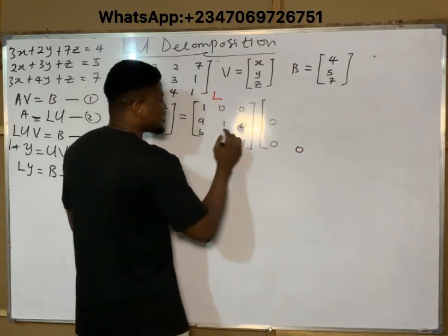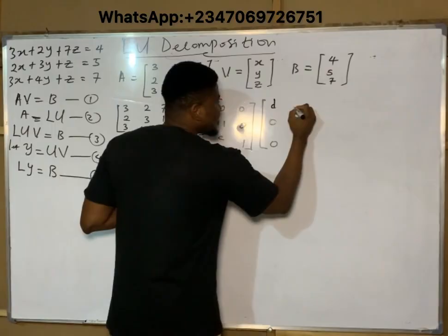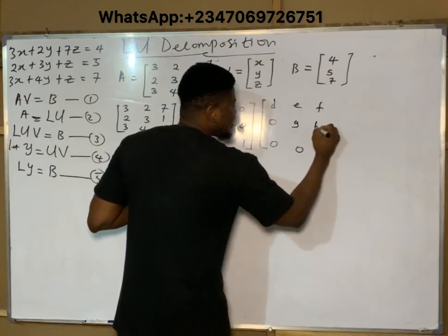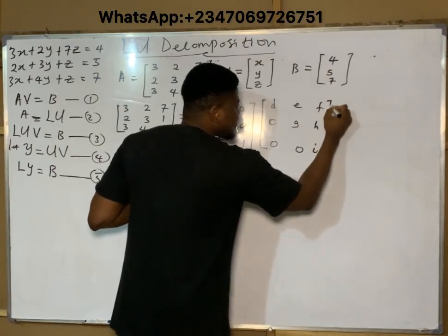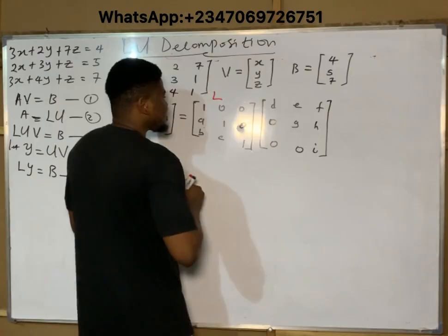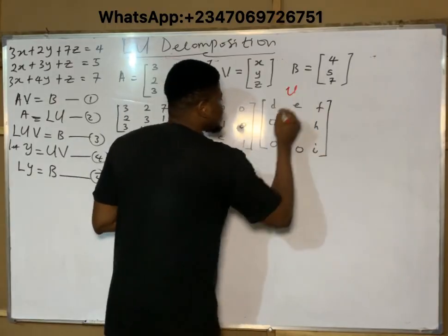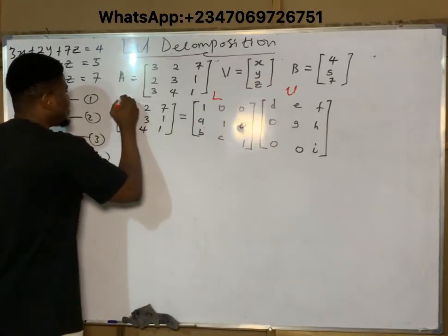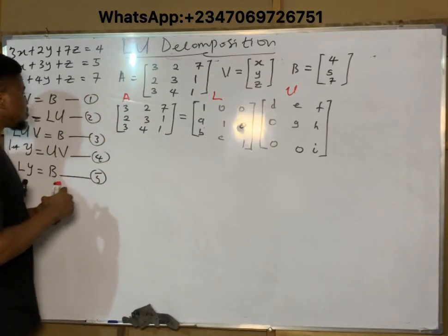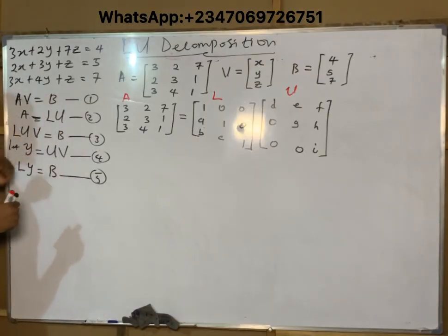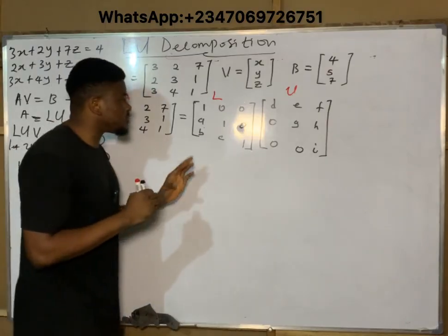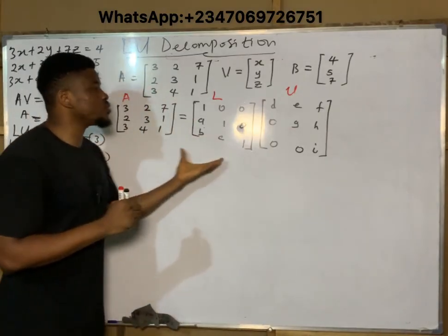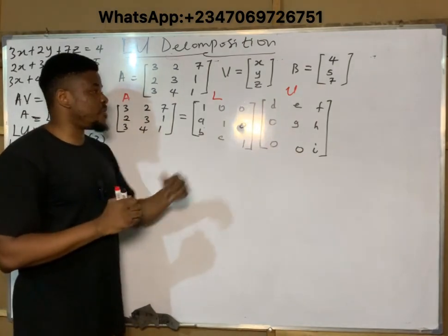So this is A, B, C, then we start simply D, E, F, G, H, I. So this is our upper matrix, U. So this is A, by the way. Matrix A is now equal to the lower matrix multiplied by the upper matrix. So our aim now is to find the values of these unknowns and then decompose A into this lower and upper matrix.